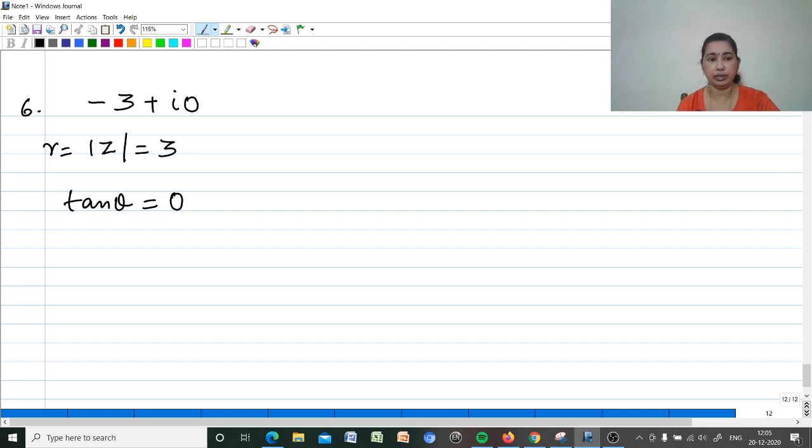So first, we have to check in which quadrant it is. x is negative, and y value is 0. So we can take it is in the second quadrant. Either theta is equal to 0, or pi, tan pi will be 0.